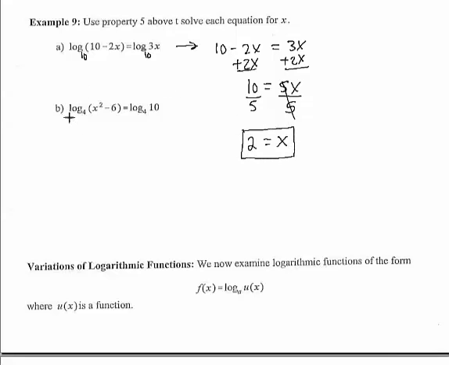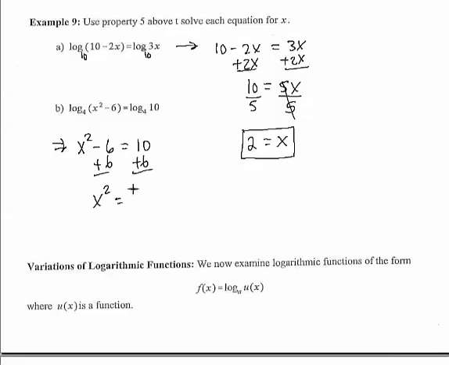Okay. Same situation in B. Log base 4 on the left, log base 4 on the right. And so if these two expressions are equal, then the arguments must be equal. So this just becomes the equation x squared minus 6 equals 10. Add 6 to both sides.